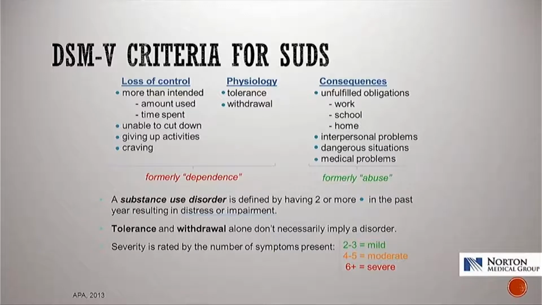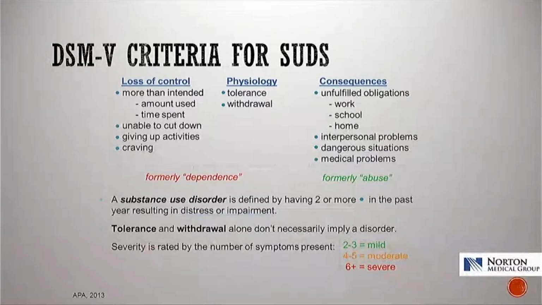You have to have two or more of these criteria in the past year resulting in distress or impairment in order to satisfy the diagnostic criteria for substance use disorder. Tolerance and withdrawal by themselves do not necessitate a disorder. Why? Because if there's no distress or impairment associated with that, it's not technically addiction or use disorder.